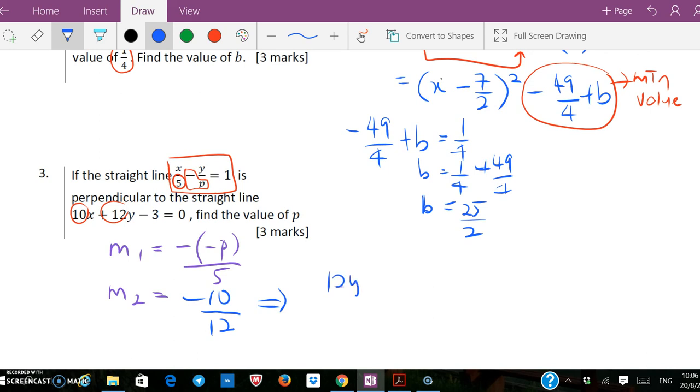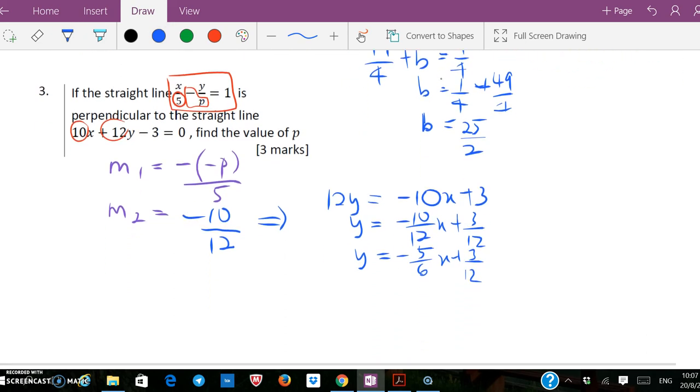In this case, 12y equals negative 10x plus 3, y equals negative 10 over 12 x plus 3 over 12, and y is actually negative 5 over 6 x plus 3 over 12. So here, negative 5 over 6.